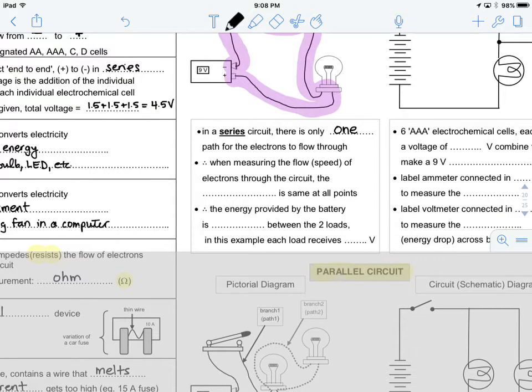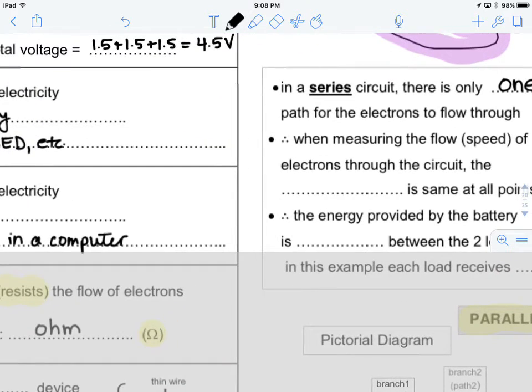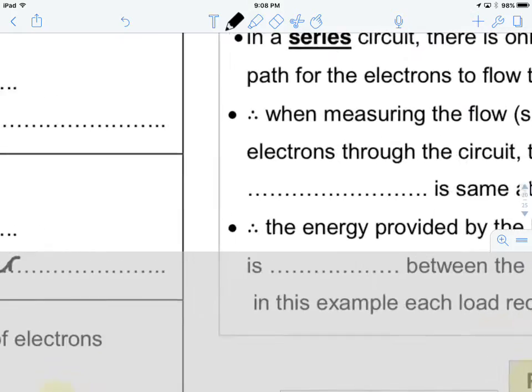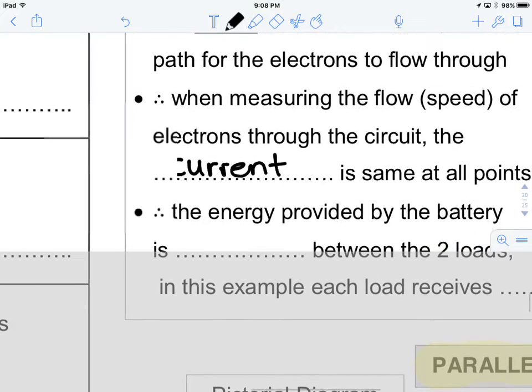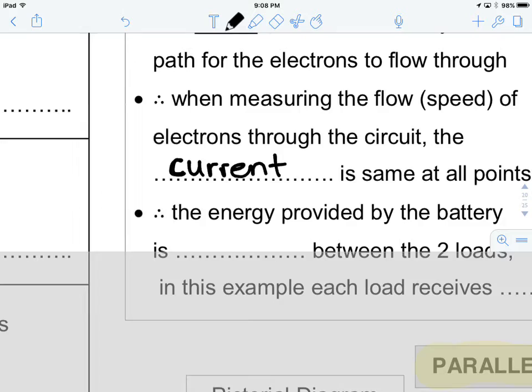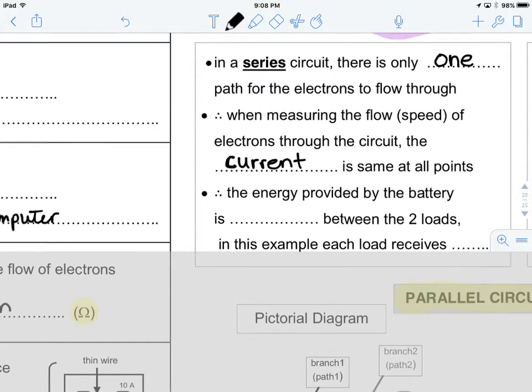So this is important. When we measure the flow or the speed of electrons through the circuit, this is going to say something to us. This tells us that the current is the same at all points in the circuit.